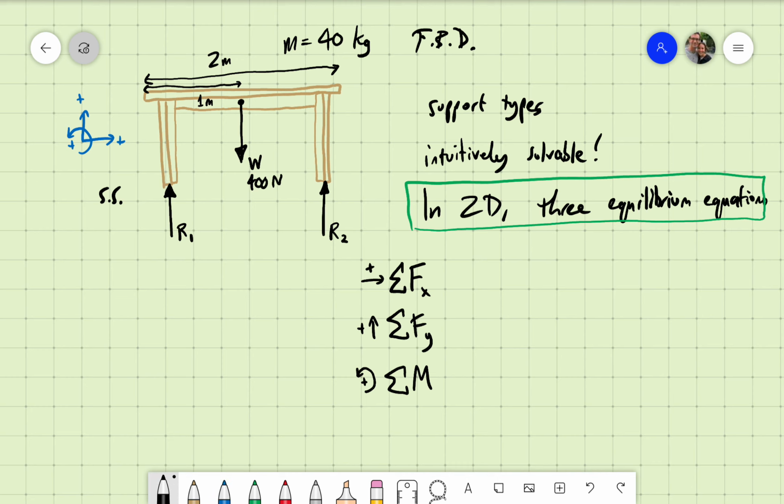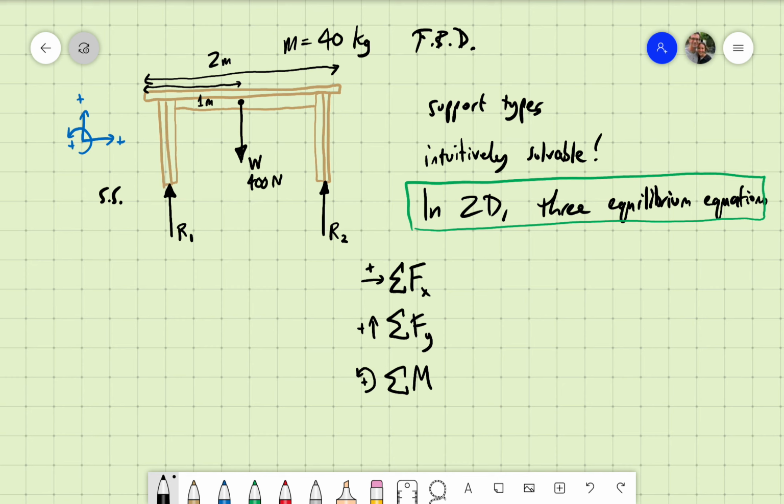One more thing I'm going to do, when it comes to the moment sum, moments have to be summed around a particular point. With forces, they're either vertical or horizontal. If they're not either of those, then you break them down to components and use the horizontal and vertical components.